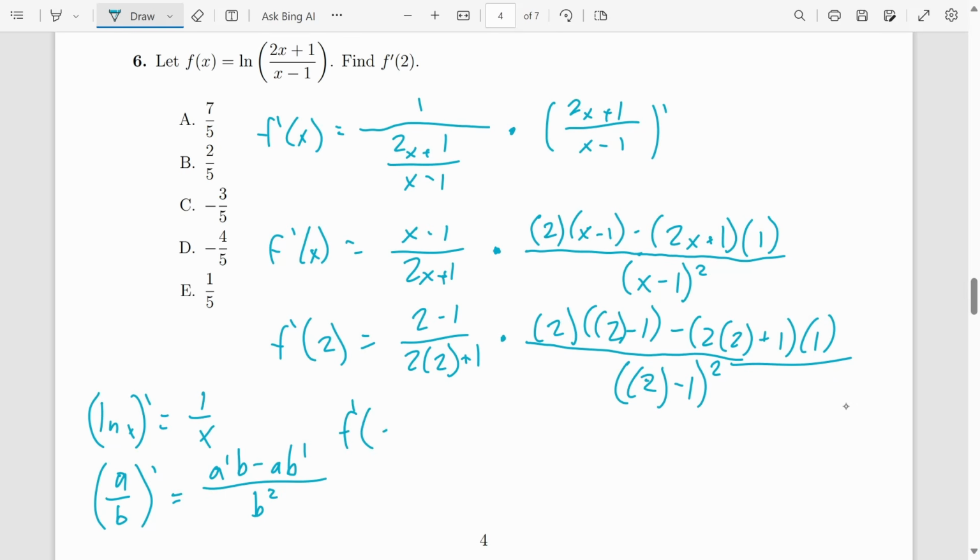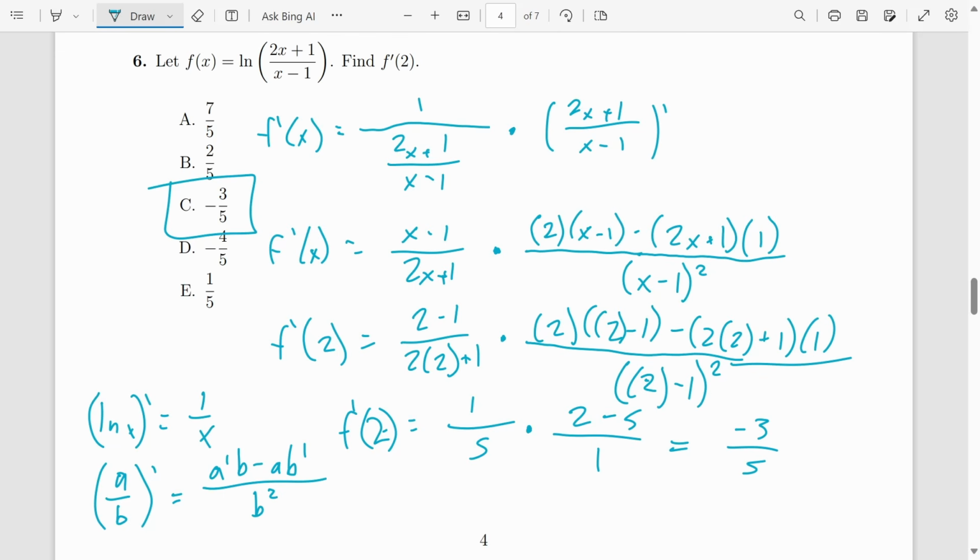So f prime of 2 equals 1 over 5, 1/5, times 2 times 1 is 2, minus 5 times 1, which is 5, all over 1 squared, which is just 1, and this is going to equal 1/5 times -3, which is -3/5.